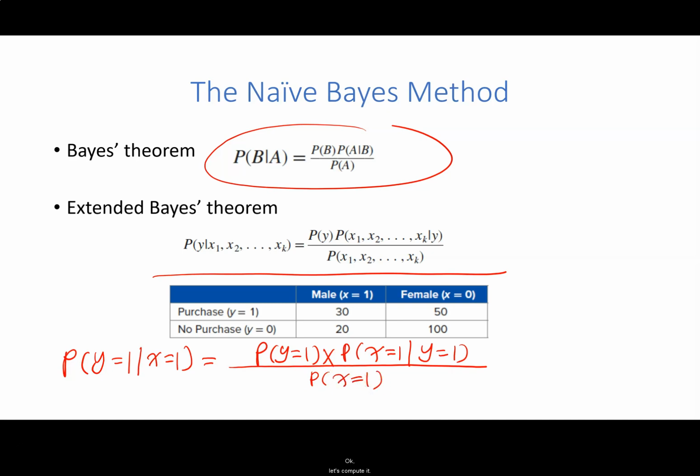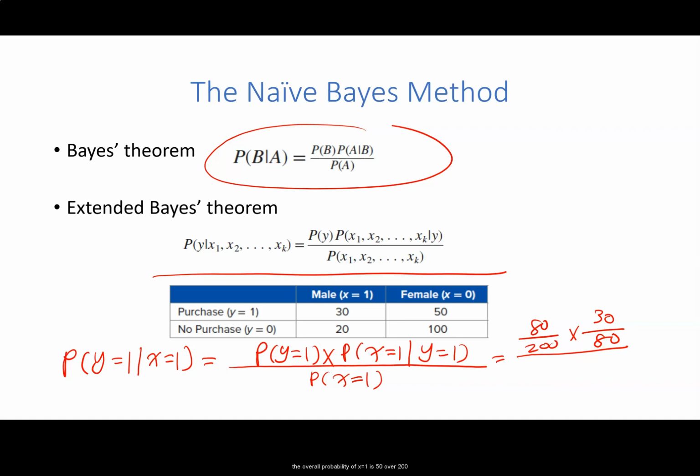Okay, let's compute it. So, the overall probability of y equal to 1 is 80 over 200, because 80 out of the 200 customers were buyers. The conditional probability of x equal to 1 given y equal to 1 is 30 over 80, because 30 out of the 80 buyers were male.